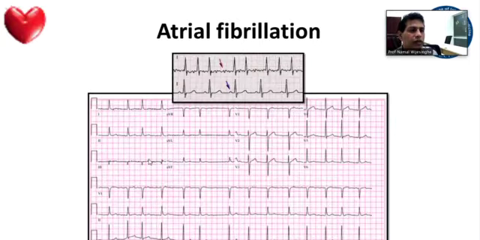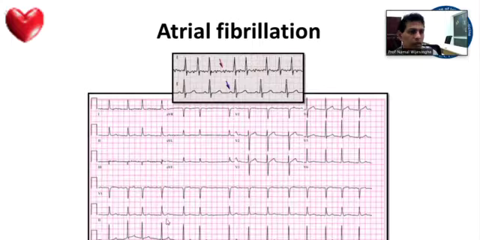So this is the ECG of atrial fibrillation, where you can find irregular QRS complexes, not only an irregular rhythm, but also irregular heights of the QRS complexes. So this is atrial fibrillation.